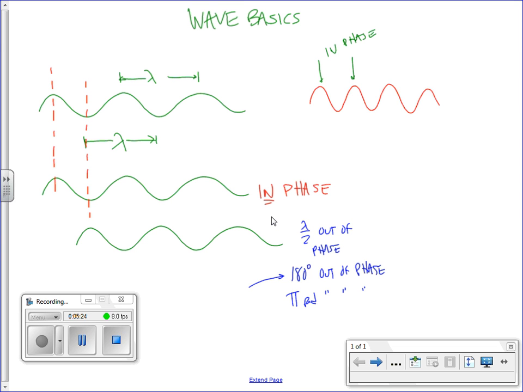We would say that this place and this place are out of phase, or they have a phase difference of 180 degrees. They typically don't ask you much different than either 360, that's a full wave, or 180, that's a half a wave. Okay, that's some stuff about phase.